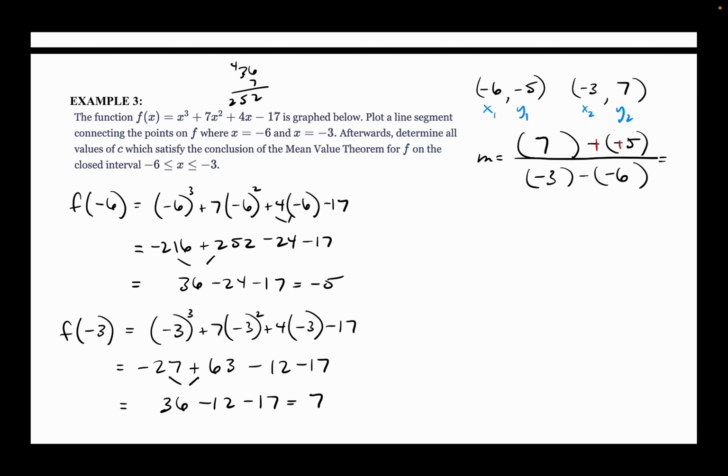So we get 12 over 3, which is 4. So the slope is 4. The slope from negative 6 to negative 3 is 4.